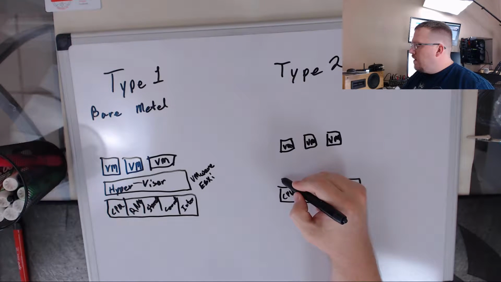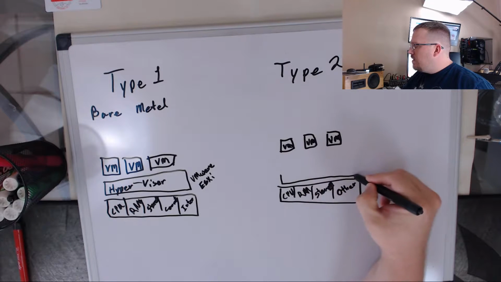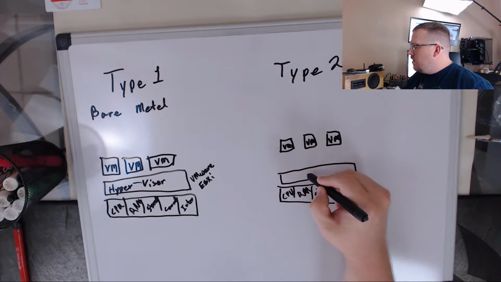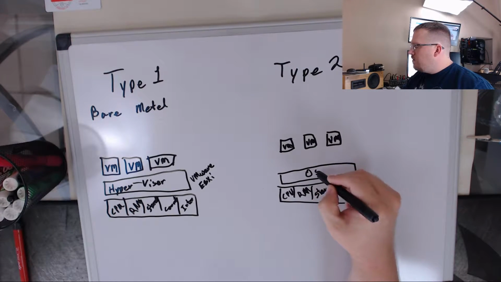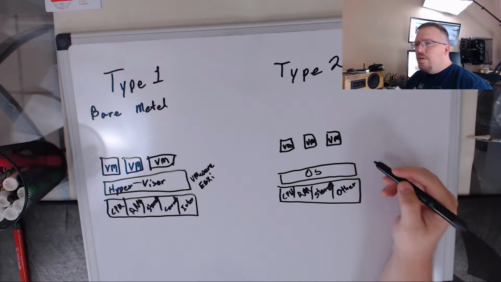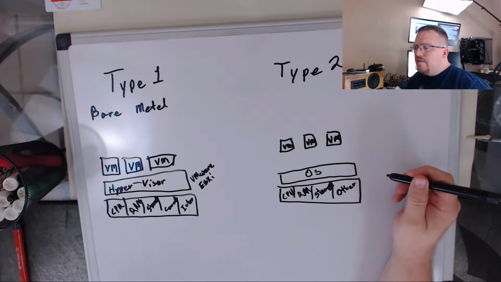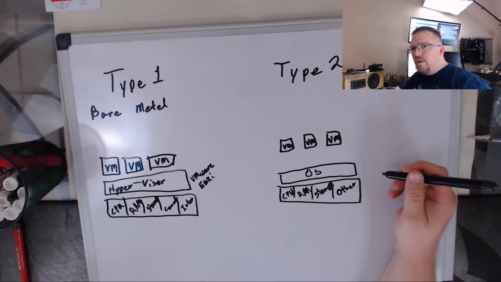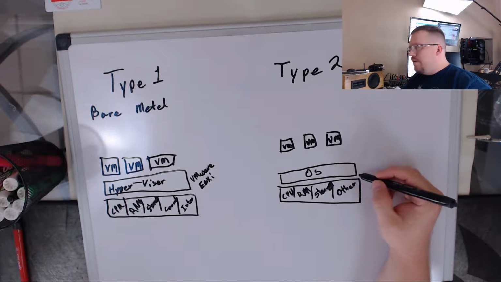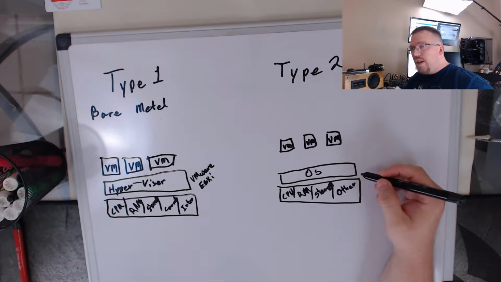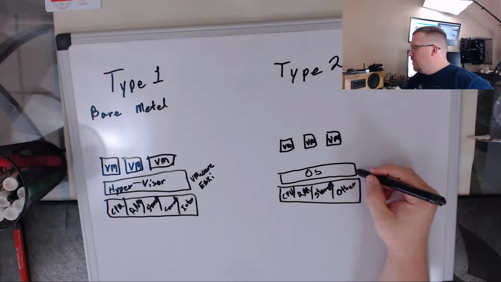And then on top of that is your OS. Your OS sits on top of your hardware, and there are 2 parts to your OS: you have the kernel, and then you have the user interface.